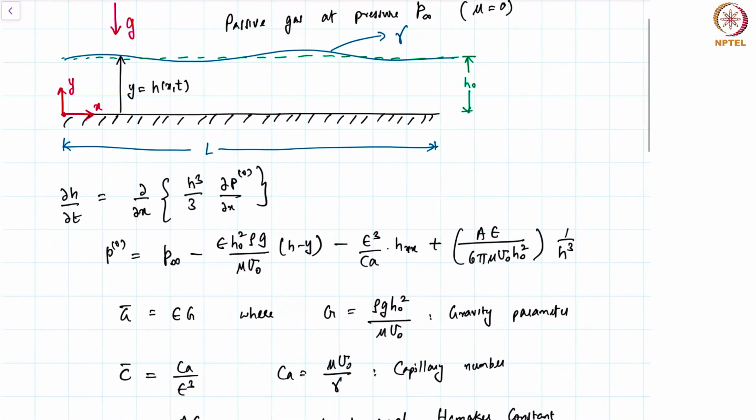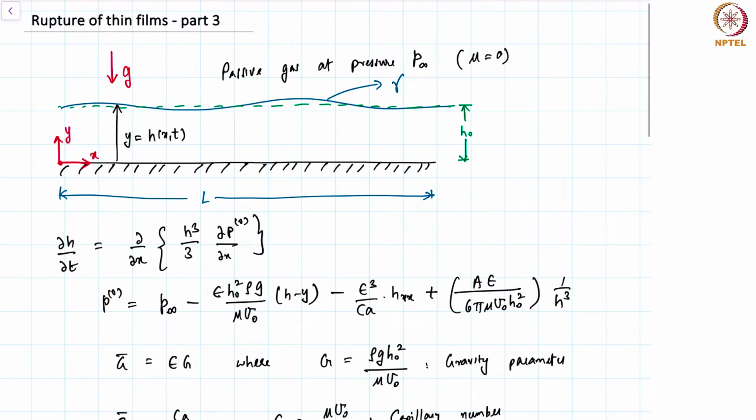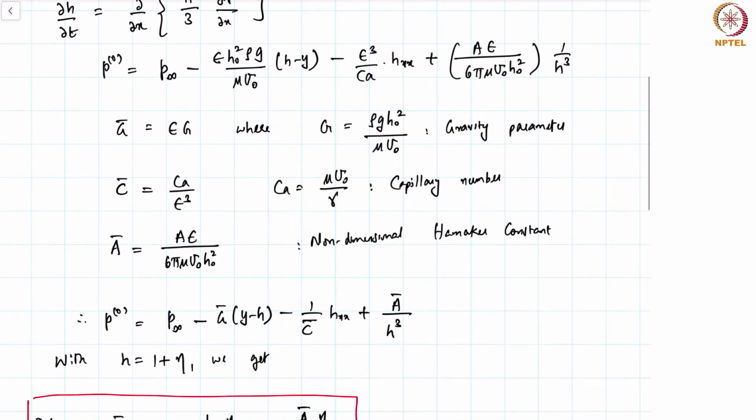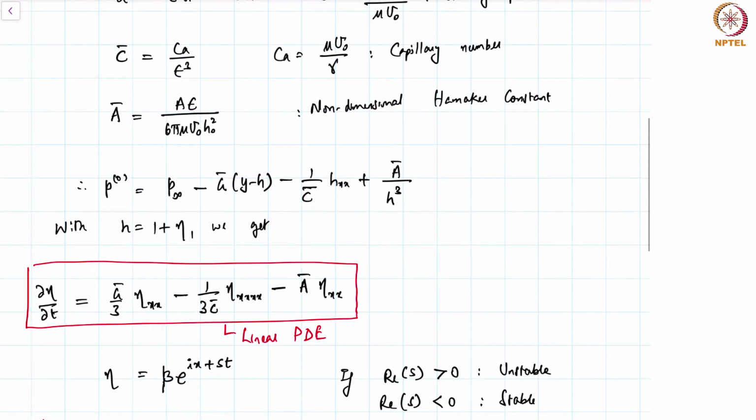The nonlinear form of the thin film equation for the height h is given here. If we say that at any point this h is h naught plus eta, in this non-dimensional form, then we basically get a simple linearized equation for eta.